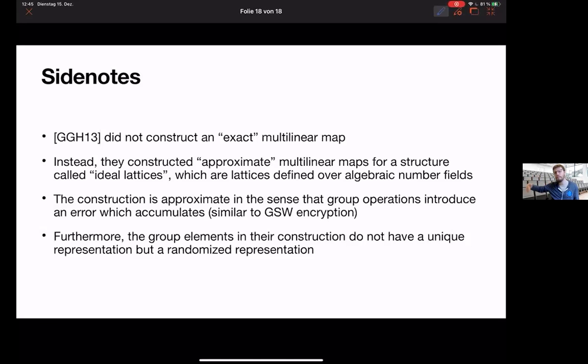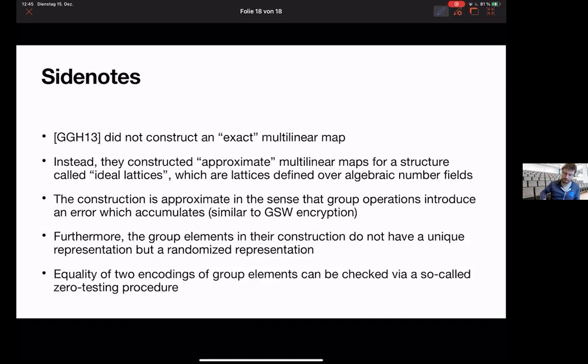So their construction was a bit like fully homomorphic encryption. I mean, as a side note of a side note, they constructed their multilinear map scheme from a fully homomorphic encryption scheme. So they took a fully homomorphic encryption scheme and weakened it in a deliberate way, namely by introducing something called a zero testing procedure.